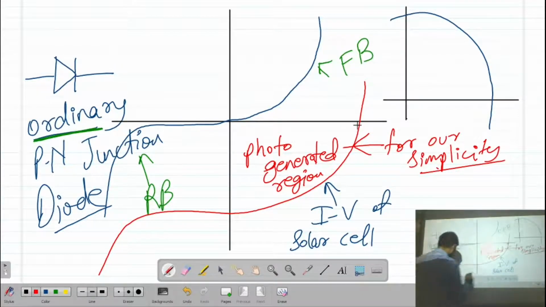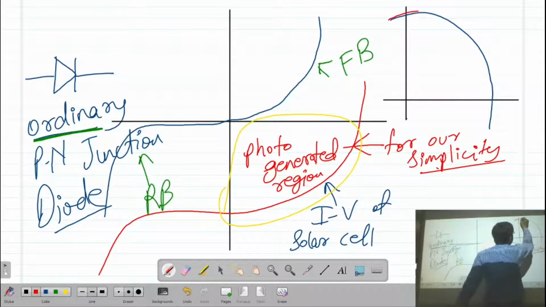So this part will look like this, right?